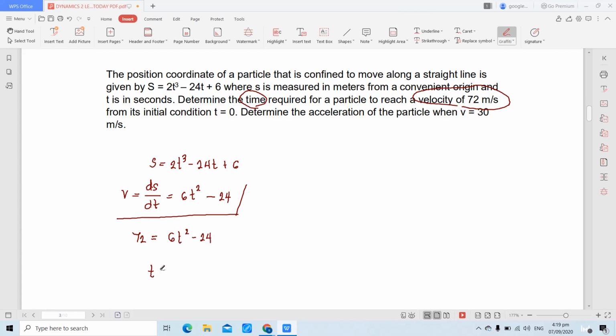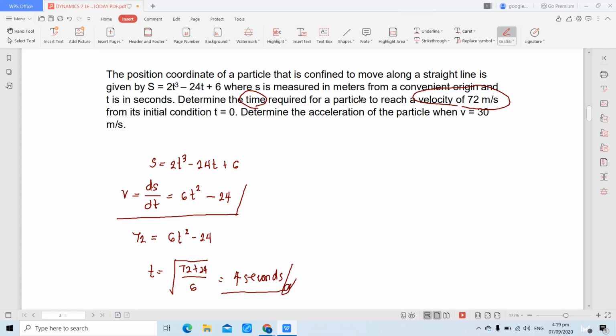Therefore, time, simplify, that will be the square root of (72 plus 24) divided by 6. Calculate po, what is the value of time? That is 96 divided by 6, which is 16. Square root of 16 is 4. 4 po.